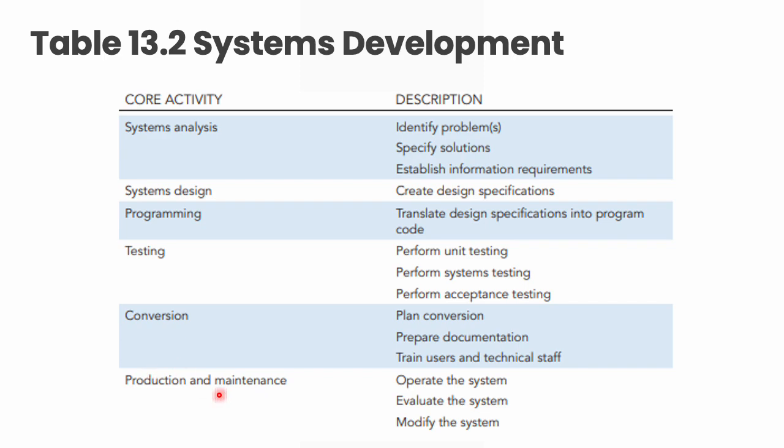So this system is now running, but the job is not over. We have to operate it, check how well it's working, and make improvements over time. The technology and the business needs are always changing, so the system needs to change too.